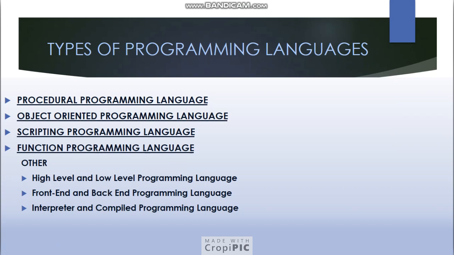We know that front end and back end programming languages are specially used in websites, when we design our websites and deploy them on hosting, or you can say on the internet. So let's talk about the high level and low level programming language.